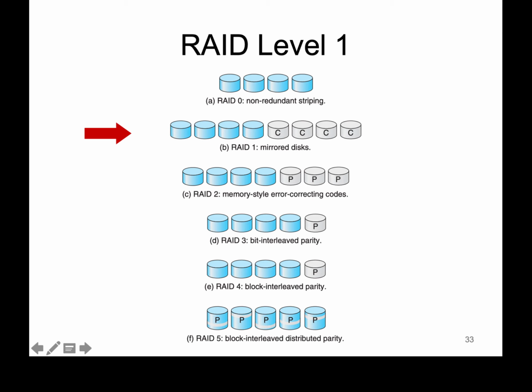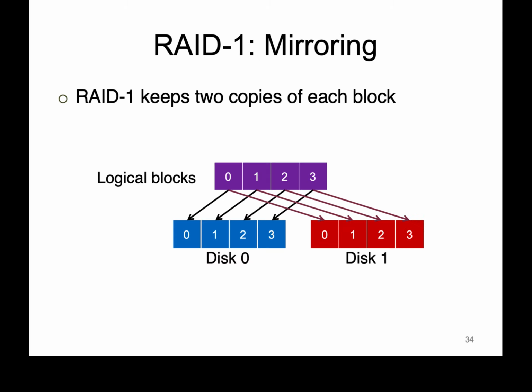So let's move on to the second RAID configuration, RAID 1, which is also called mirroring. The core idea of RAID 1 is to keep 2 copies of exactly the same data. Basically have a replication factor of 2, right?